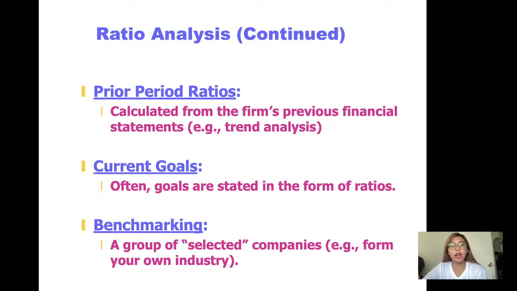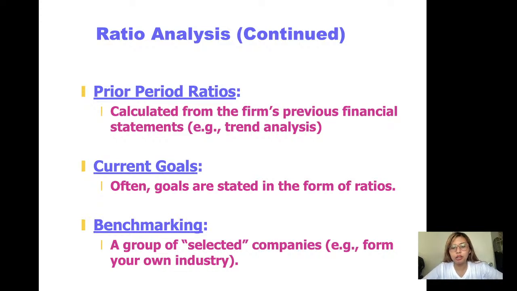And we also use benchmarking. Benchmarking is a group of selected companies from your own industry. So, selected companies but related sa industry mo. Ang industry mo is manufacturing company, dapat ang kino-compare mo as a benchmark is yung mga nasa manufacturing industry. Okay? So, for example, si SM, ano ba yung mga benchmark companies nila?